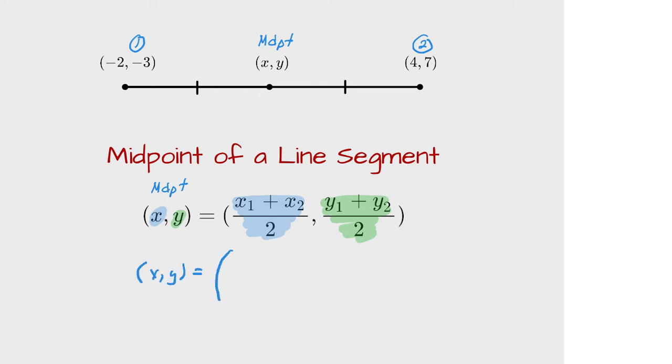is equal to x1, which is -2, plus x2, which is 4. And you're finding the average, so you're dividing by 2. Same thing for y. y1 is -3, y2 is 7. We're adding and dividing by 2.